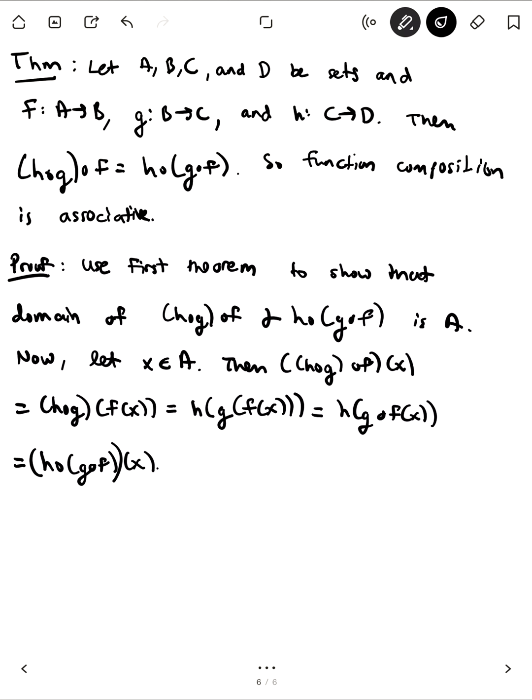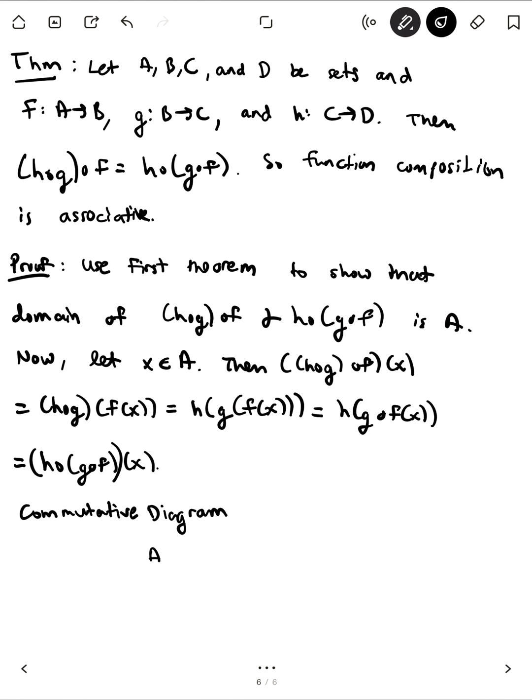Okay. So this type of notation is often represented in what's called a commutative diagram, showing the relationship between all these sets and functions.